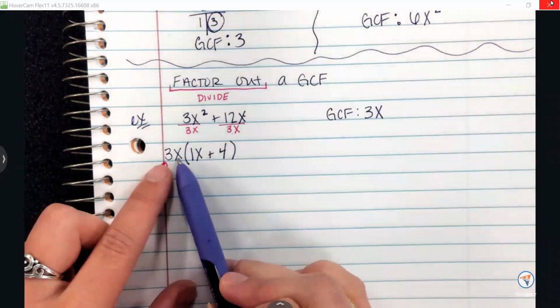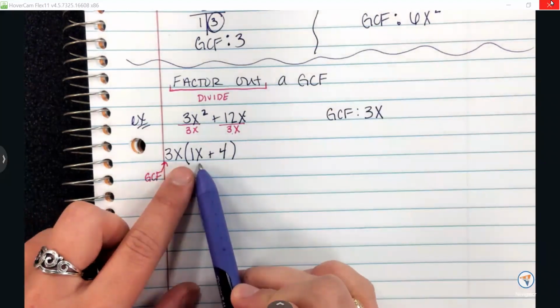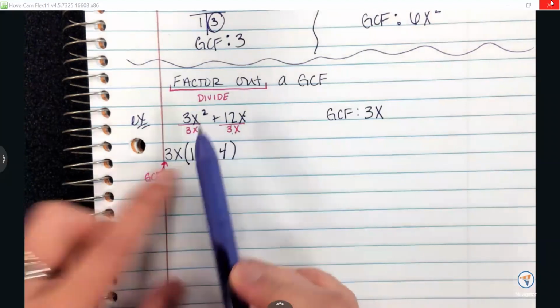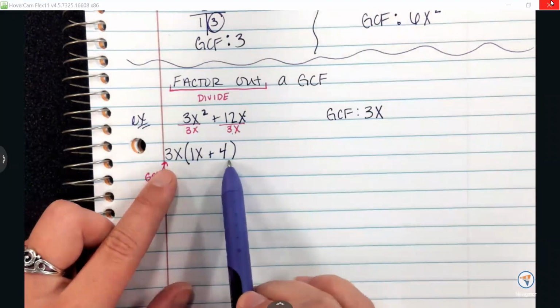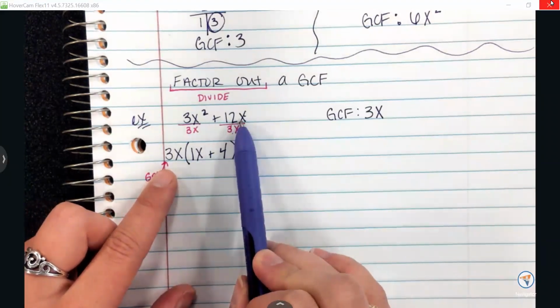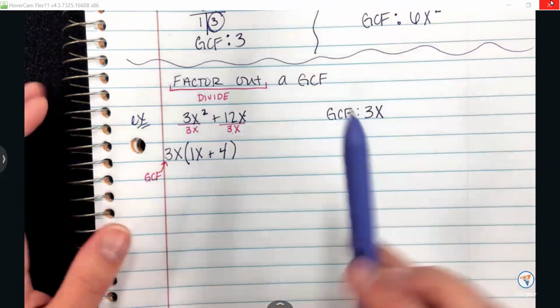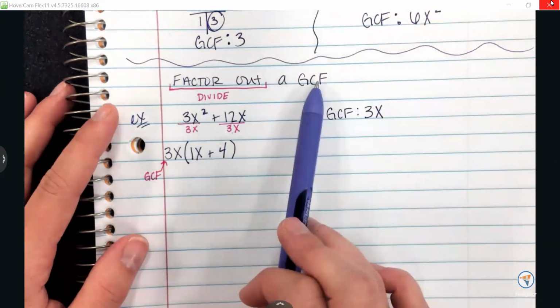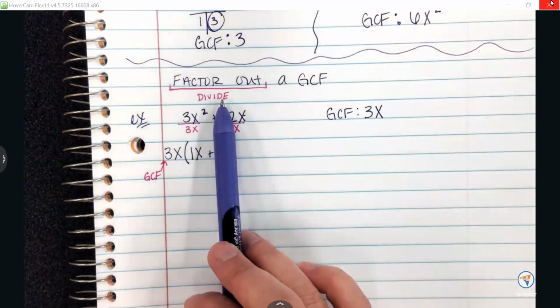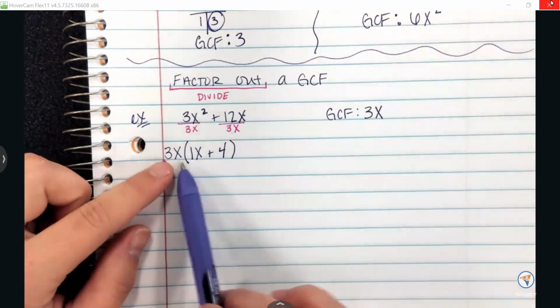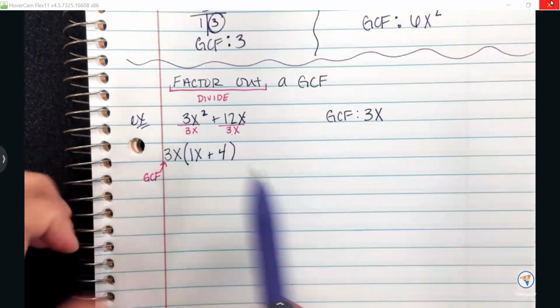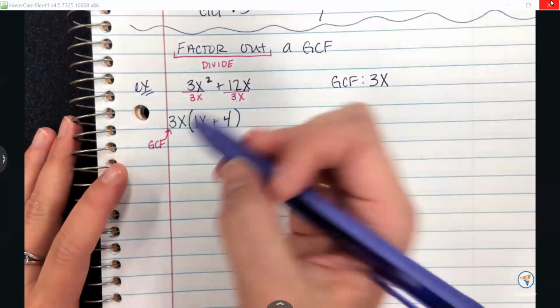So what is 3x times 1x? 3x squared. What is 3x times 4? 12x. You see that? Okay. So when I ask you to factor out a GCF, I'm basically asking you to divide by the GCF and tell me what's left over. So let's go try another one.